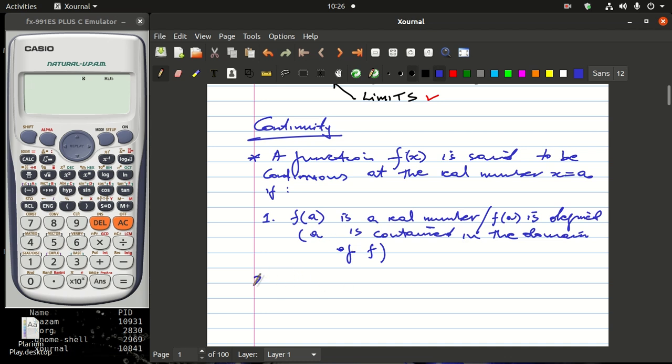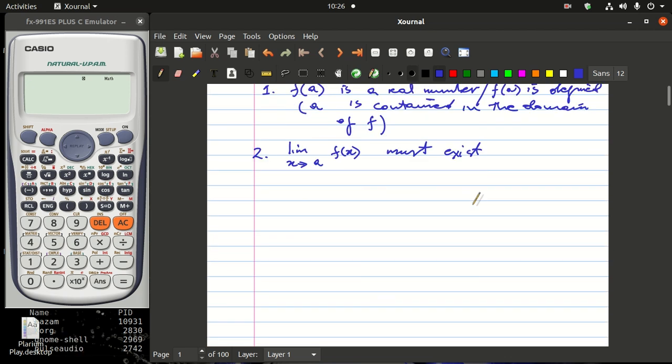And then we said that the second condition is that the limit as x approaches a of f of x must exist. So we said that this limit must actually exist.